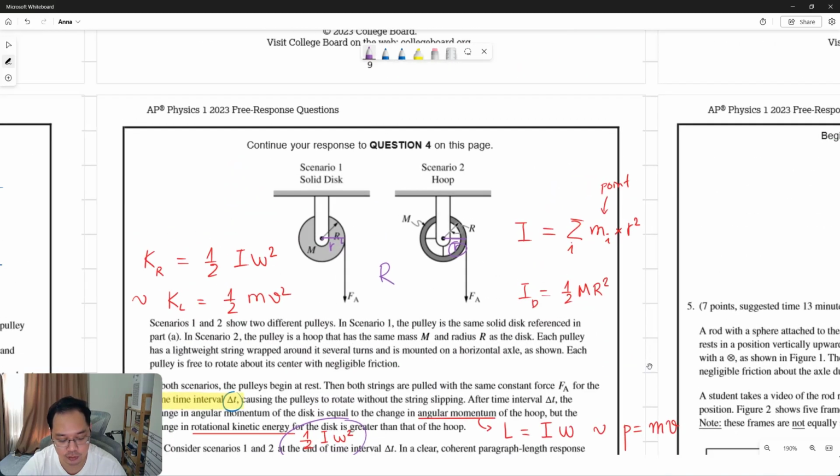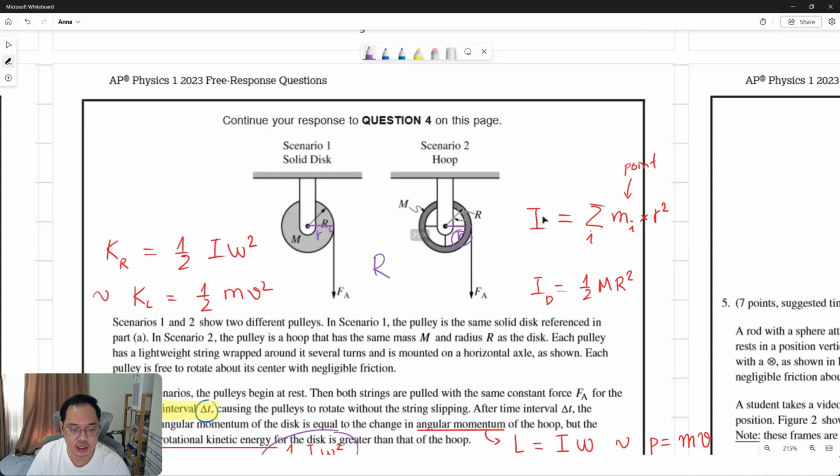Why? Because I, the moment of inertia, represents the resistance, the inertia of an object in rotational motion. Meaning, if an object has a greater moment of inertia, it is harder to make it rotate. It is harder to accelerate it when starting to rotate or slowing down from rotating.